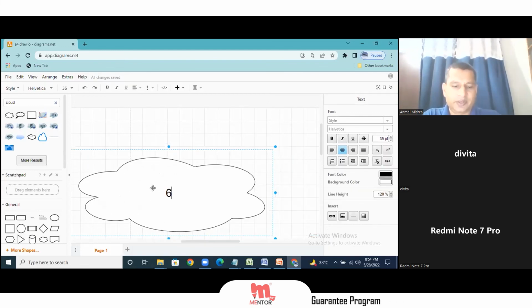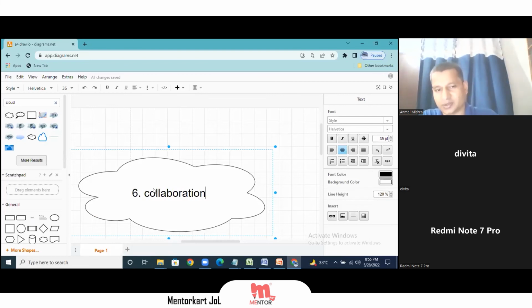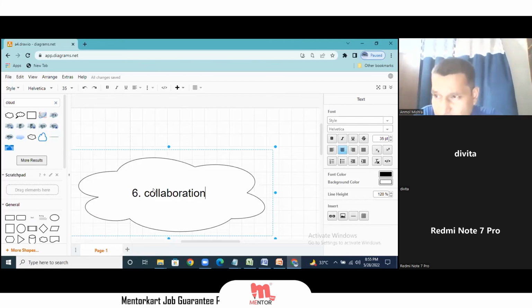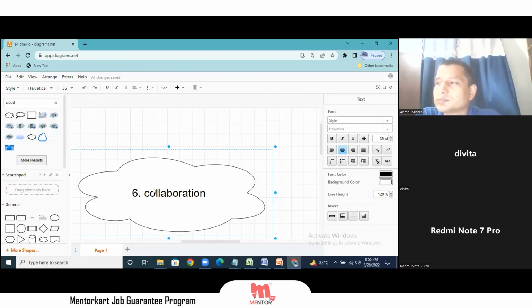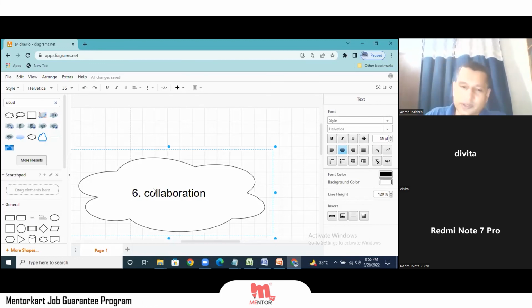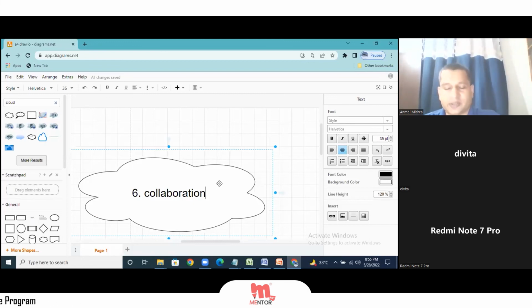The sixth point is called collaboration. What is the meaning of this? Please explain what collaboration is. What is the meaning of this word collaboration, and how can we define and explain it?